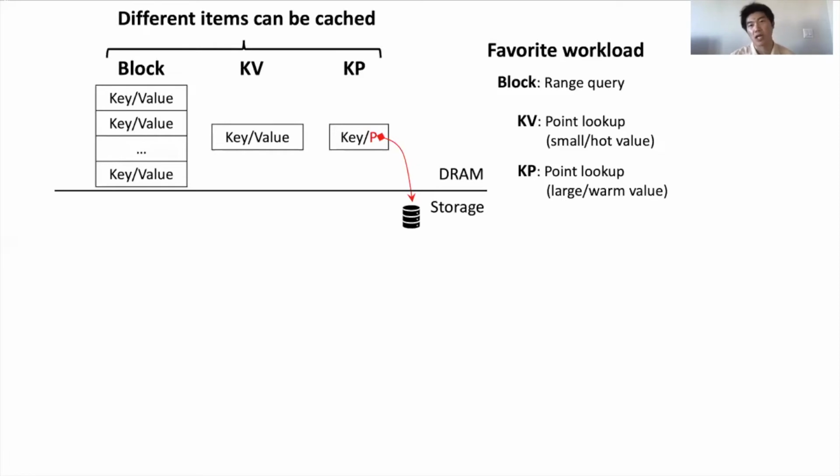We still have to check the storage. The key-value cache and the key-pointer cache, we collectively call point caches because they only support point lookups.